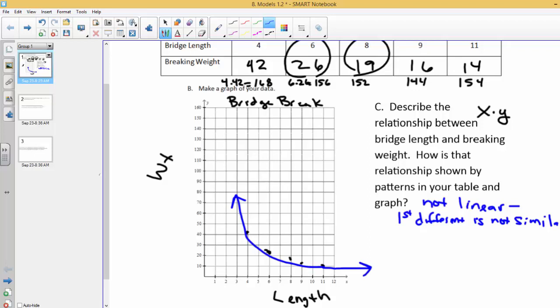So this is looking like something called a hyperbola. And a hyperbola is an inverse relationship. That means as x goes up, y goes down. The opposite thing is happening.